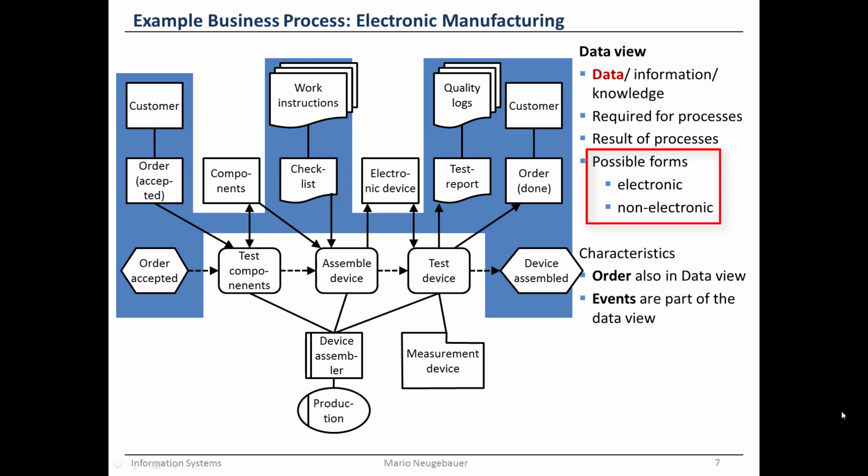And these data can be important for the process in different forms. So either they are in an electronic form, then they are in the ERP system, in the information system, like the customer information or the order information, or they can be printed, like I said, the checklists which need to be worked through for the assembling, for example. Then they might be in the classical format, in the paper-based format, and that is non-electronic.